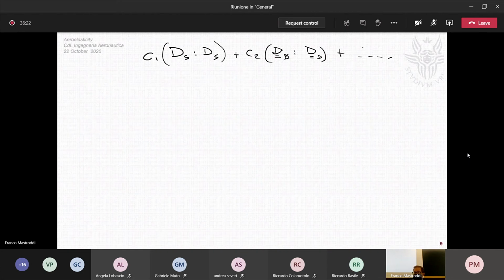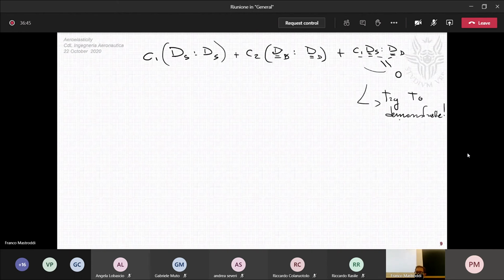But it can be demonstrated that this mixed term, like C1 D spheric by D deviatoric, is equal to 0. Try to demonstrate this.